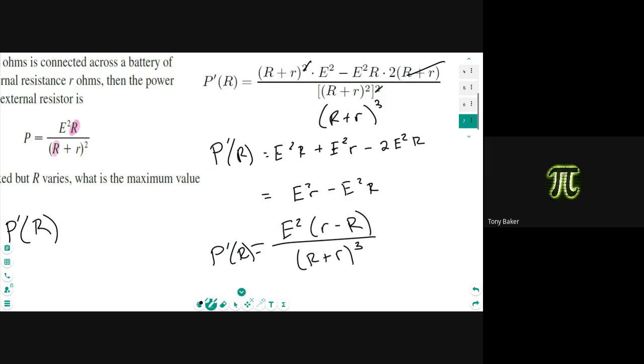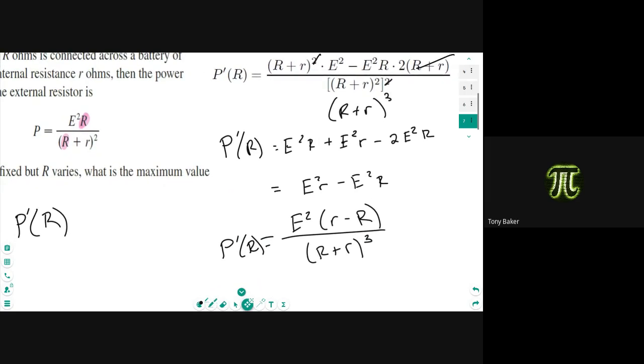If all the values have to be positive, we can't have negative voltage, we can't have negative resistance. If all the values are going to be positive, when does this equal 0? What's the only piece here that could possibly be 0? So we're looking at this.